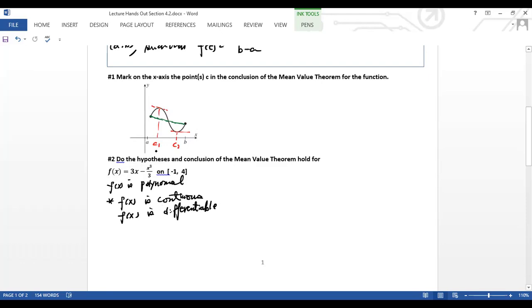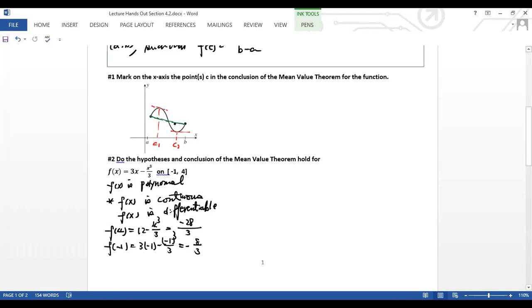Okay, now let's take a look at f of 4. So f of 4 is 12 minus 4 cubed over 3 here. So I got negative 28 over 3. Then f of negative 1 is 3 times negative 1 minus negative 1 cubed over 3, which gives negative 8 over 3 here.